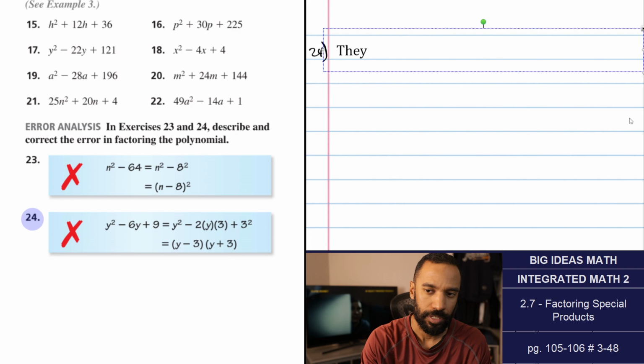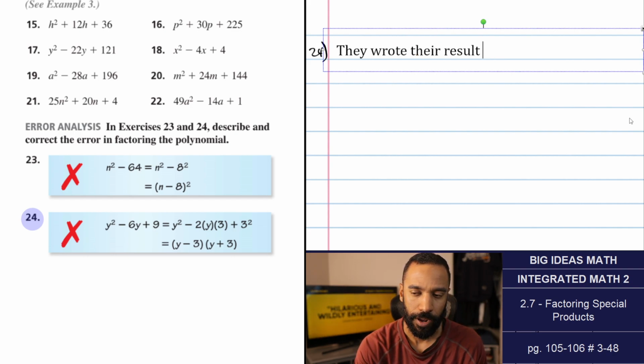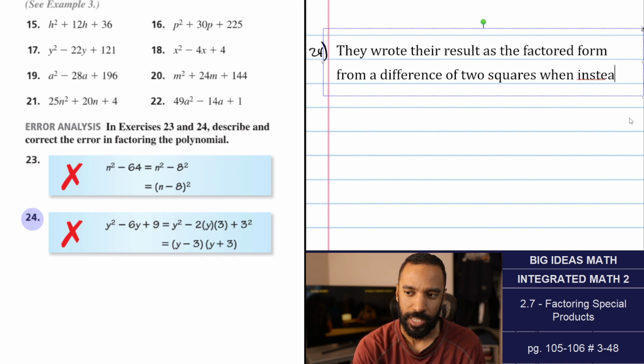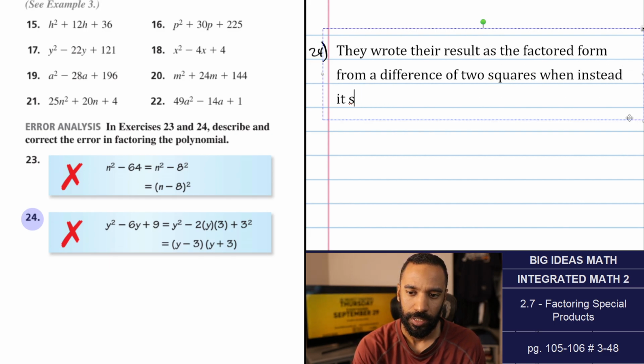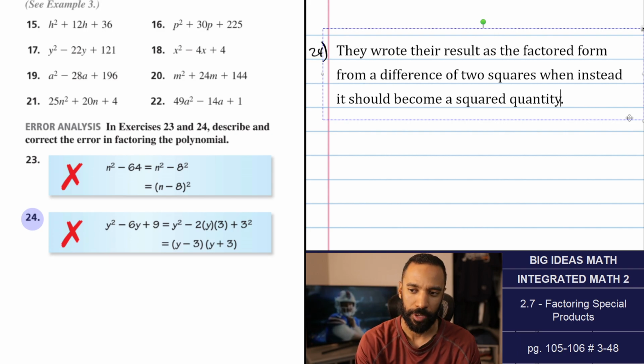They wrote their result as the factored form from a difference of two squares, when instead it should become a squared quantity. Just a single squared binomial quantity.